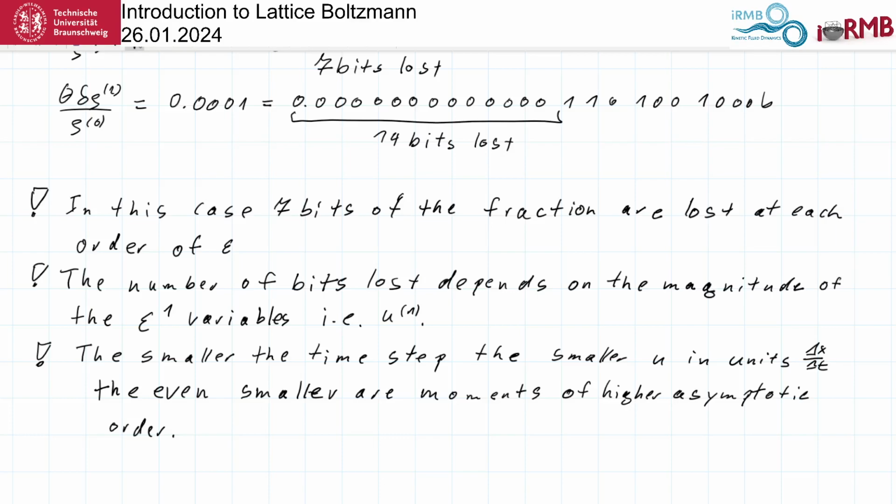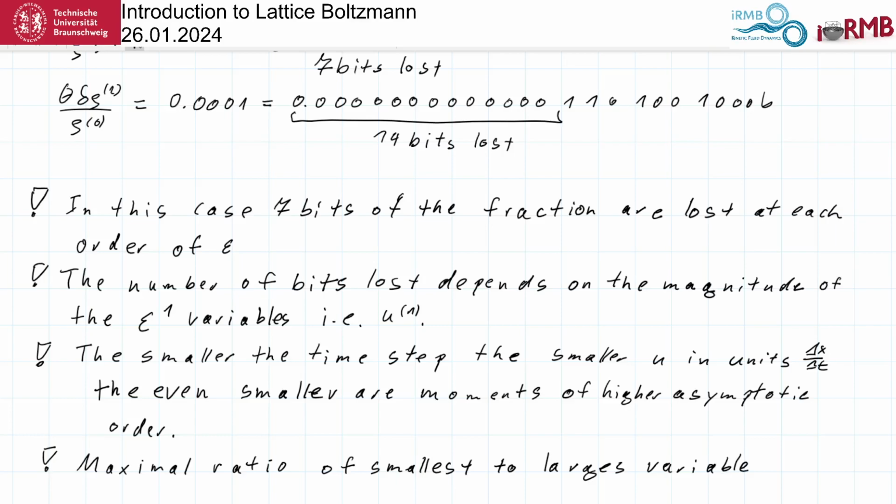Okay, so let's make a small back-of-the-envelope calculation. What is the maximal ratio of the smallest to largest variable? I mean, this doesn't make a lot of sense, but just for getting an idea.